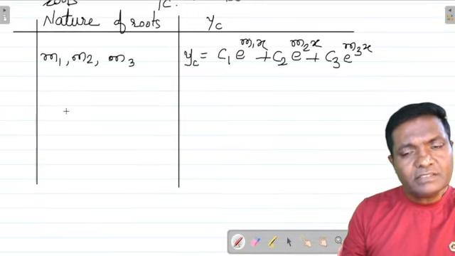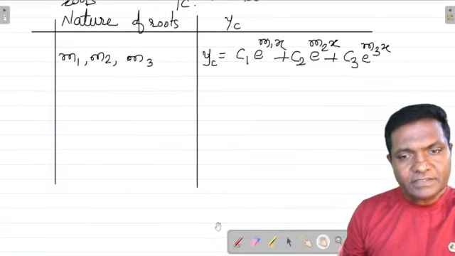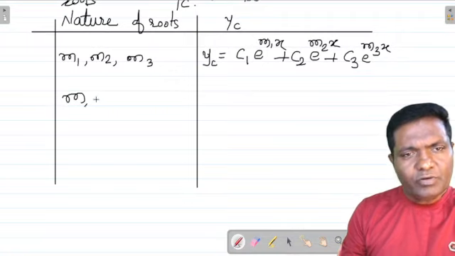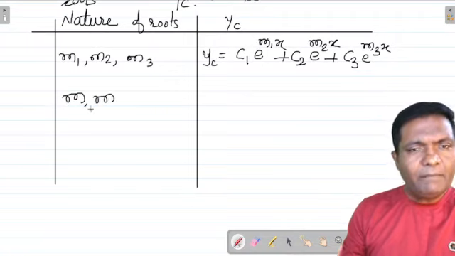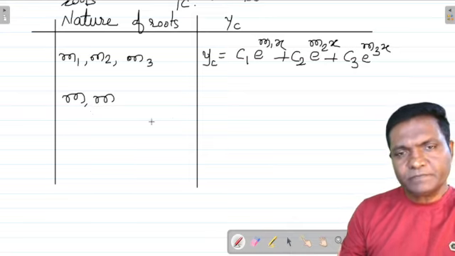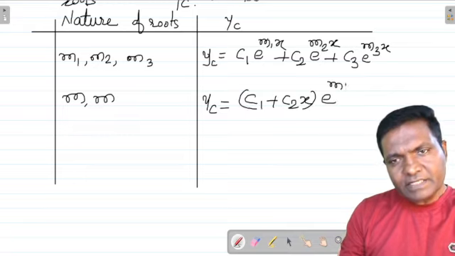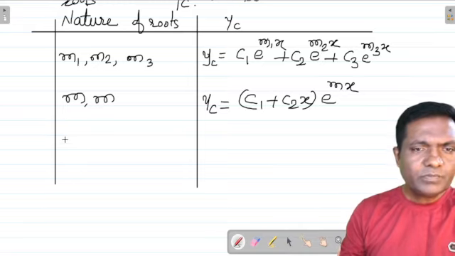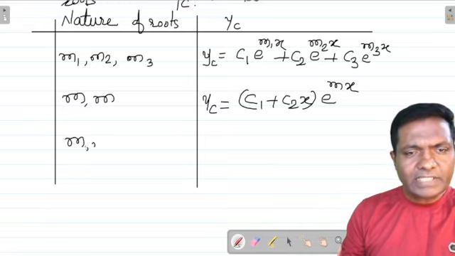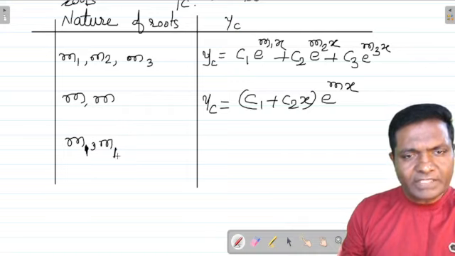Suppose the roots are repeated. If you got m as the root twice, you need to write yc as (c1 plus c2 x) e^(mx). Suppose you have roots like this, m1 repeated twice, and another root m2.